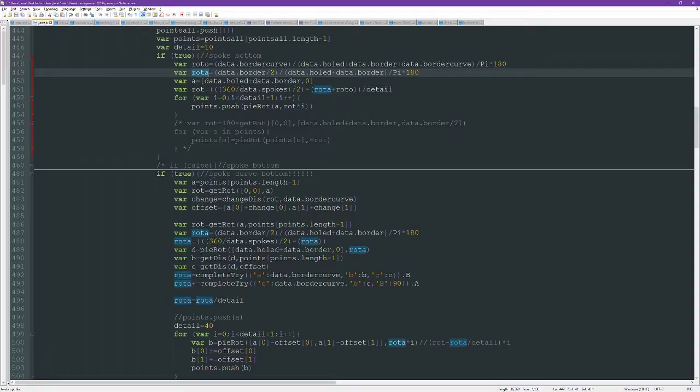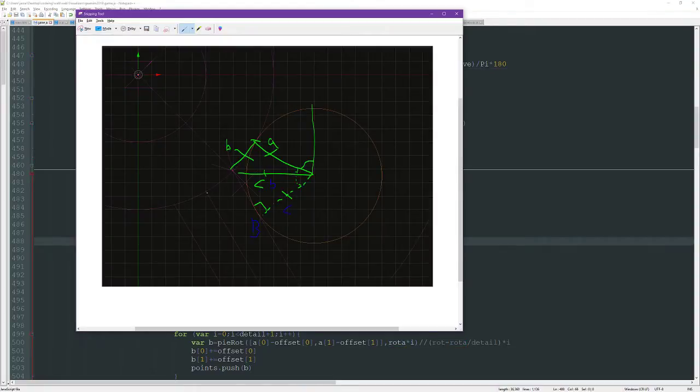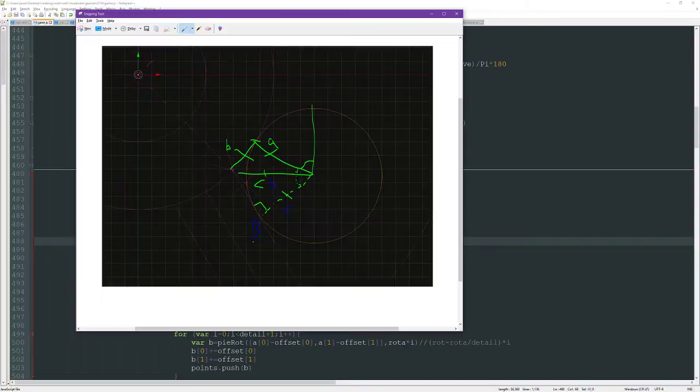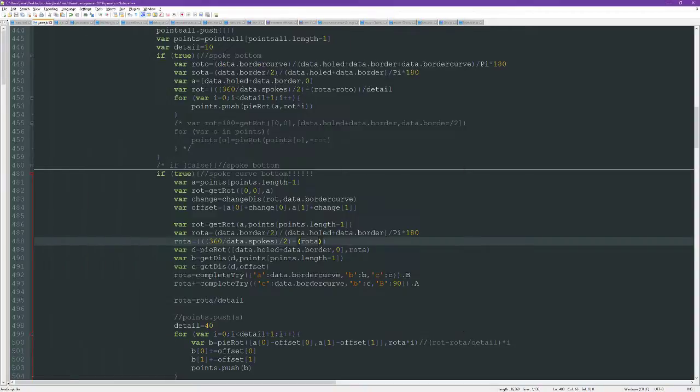And then 360 divided by spokes divided by 2 minus rot A should give me that position there. Okay. Well, it'd give me that position if I rotated something around it there. That's what I've done wrong.